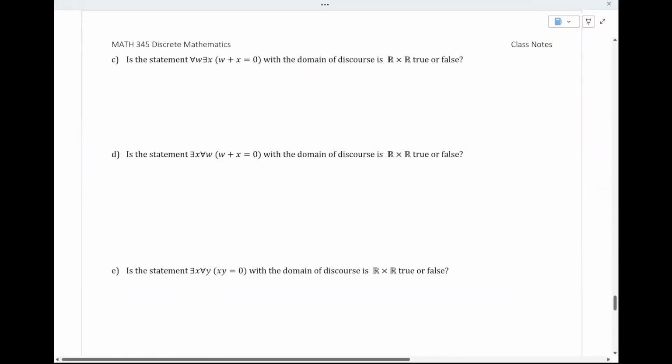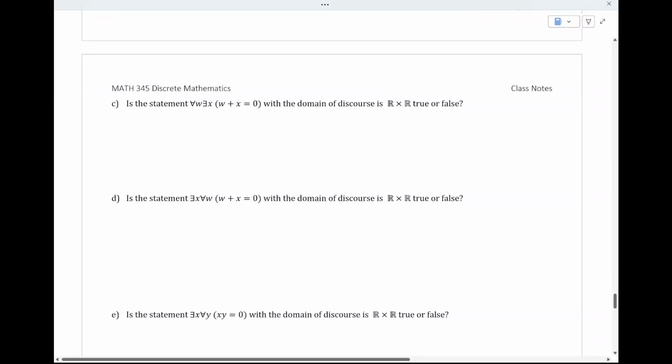Here is 3c. Is the statement, for all w, there exists an x such that w plus x is equal to 0, and the domain of discourse is R cross R, true or false? Okay, so let me think about this. I'm saying that for every w, there is some x that when I add x to w, I'll get 0.